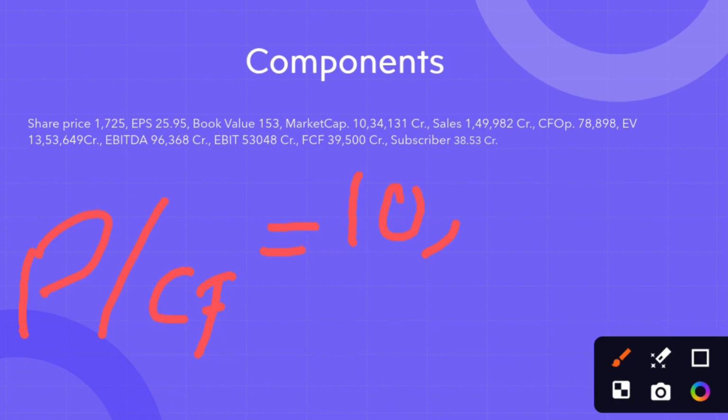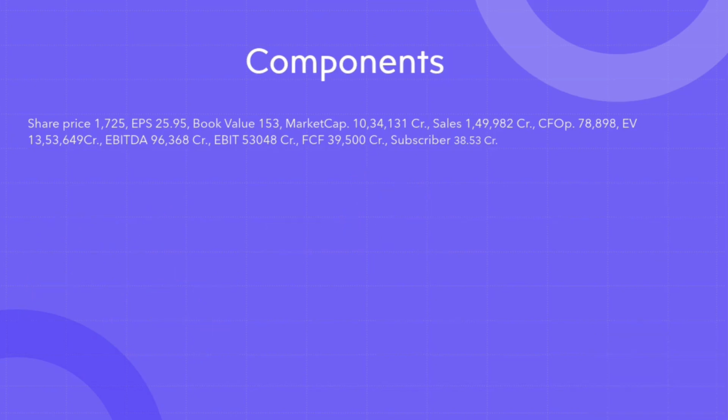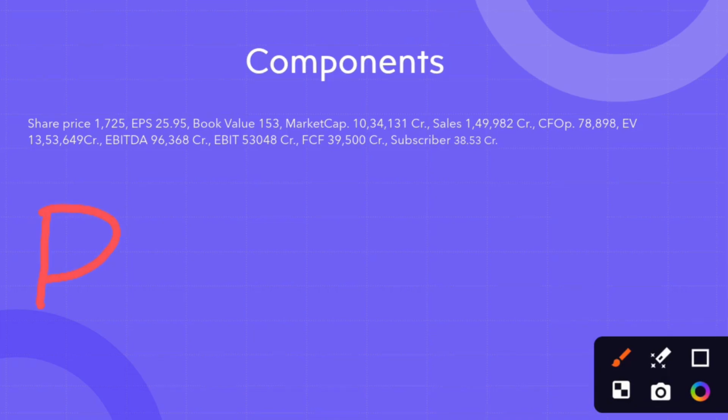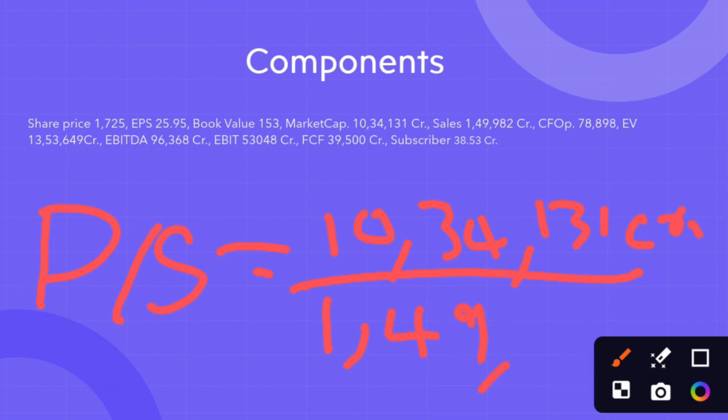We have not calculated the complete value of PS yet. Sorry, I forgot to calculate. PS is equal to 10 lakh 34,131 crores, which is the market cap, divided by the total sales of Bharti Airtel, which is 1 lakh 49,982 crores.